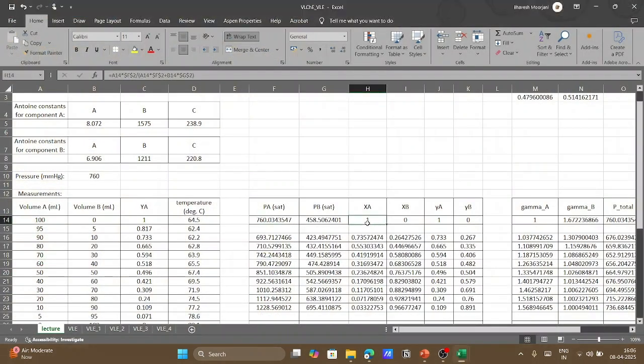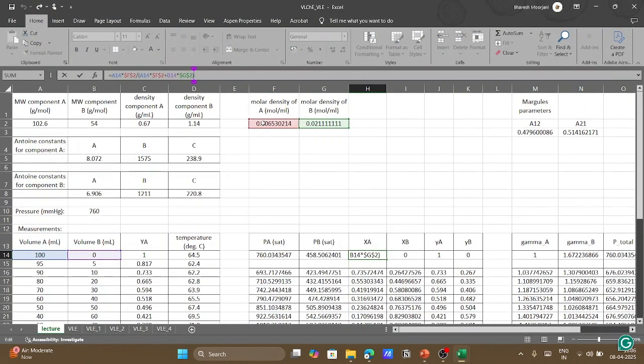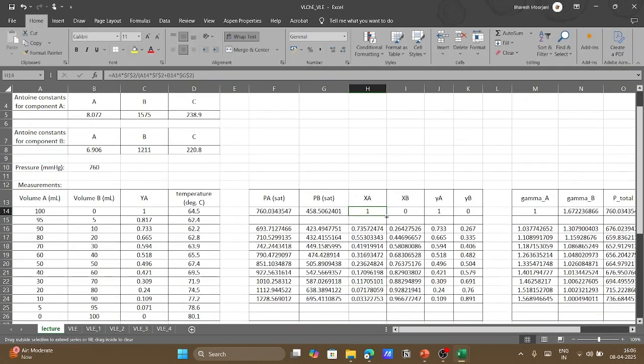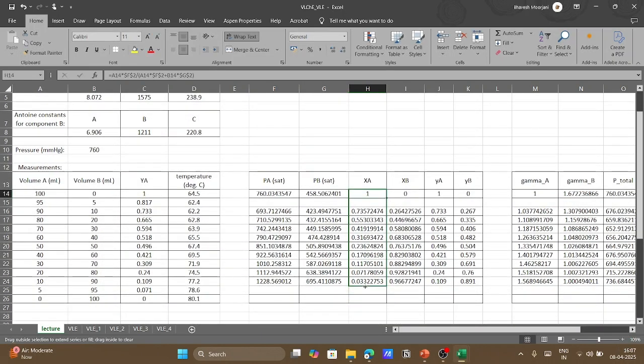So in our experiment, XA is computed based on volume of A into its molar density, divided by total moles. That is the summation of volume of A into its molar density plus volume of B into its molar density. So this is how you compute XA till this point, right?